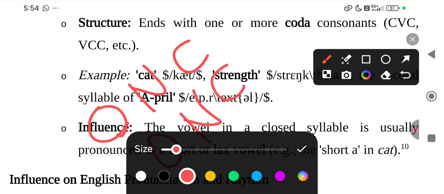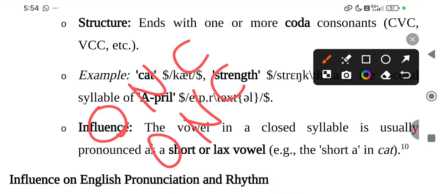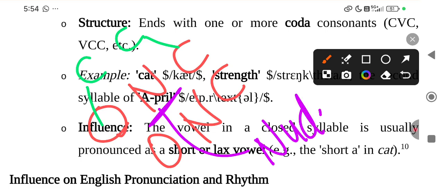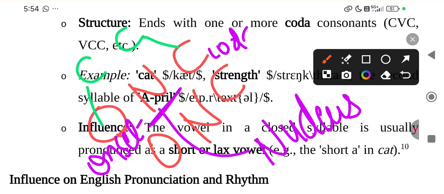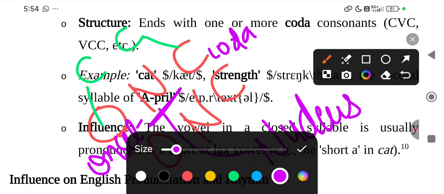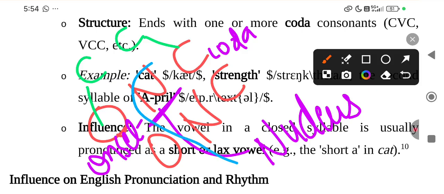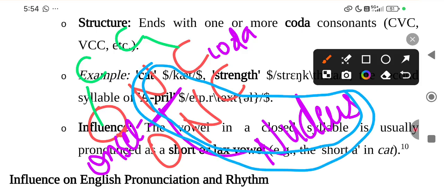Onset is consonant. The nucleus is the main, compulsory part of the syllable.